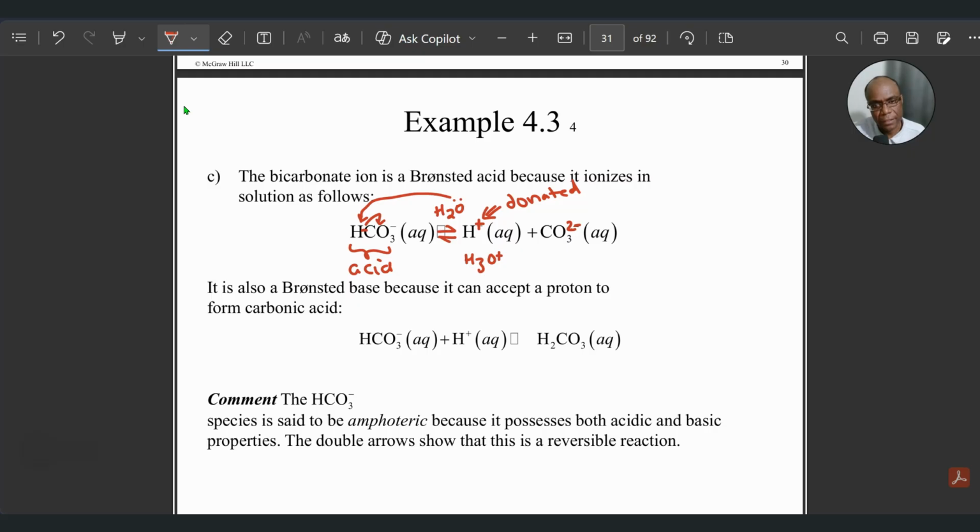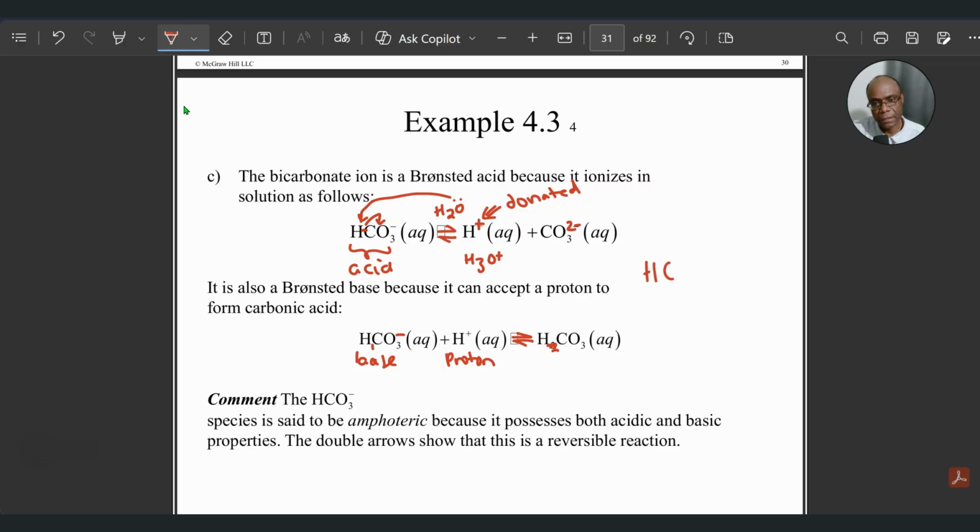So that makes hydrogen carbonate or bicarbonate a Bronsted acid. But again, the same bicarbonate can accept a proton, in an equilibrium equation, to give you a weak acid we call carbonic acid. You see now it started off H1, now it's H2. It accepted a proton.